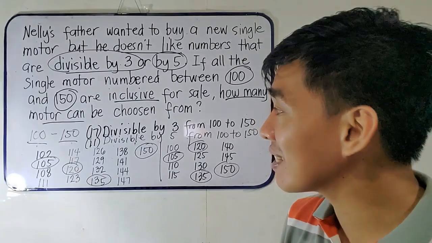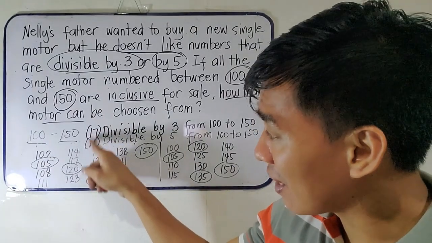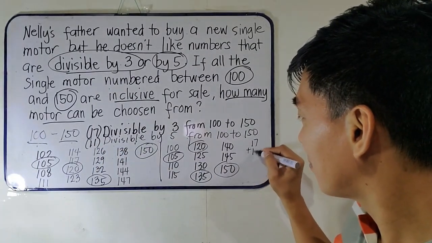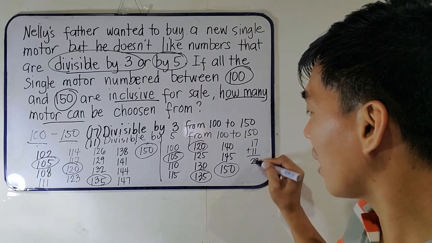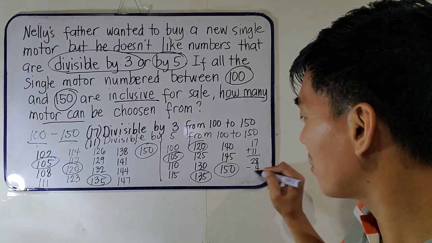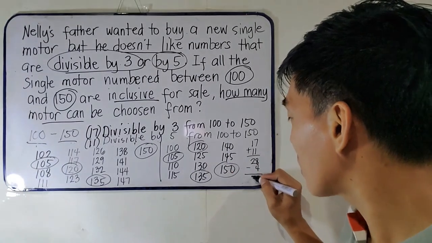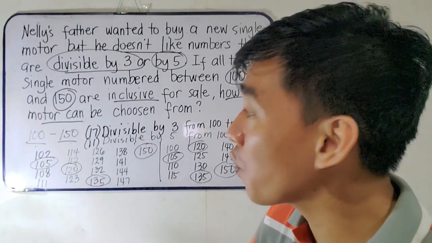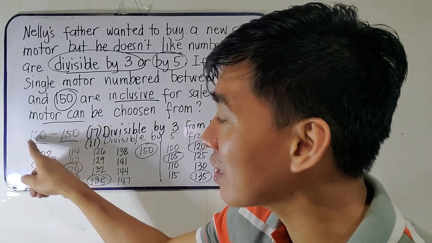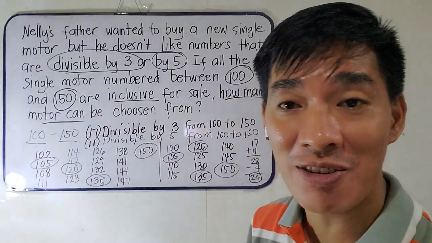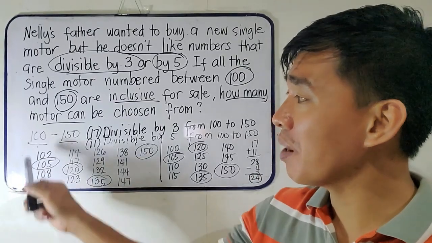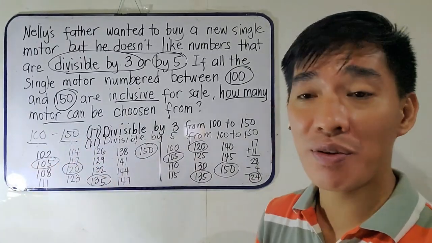So we have to add 17 plus 11, with a total of 28, then subtract the 4 numbers which were counted twice. That gives us 24 numbers which will not be counted from 100 to 150. But the next problem is, how many numbers are there from 100 to 150?